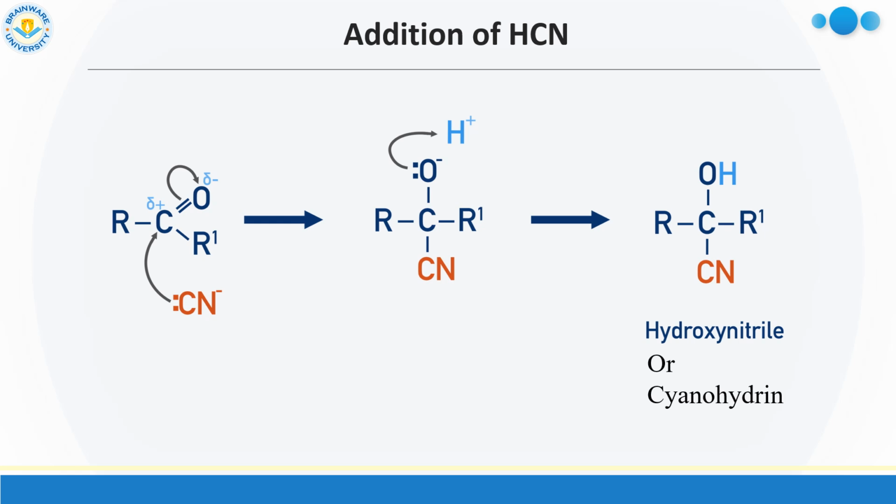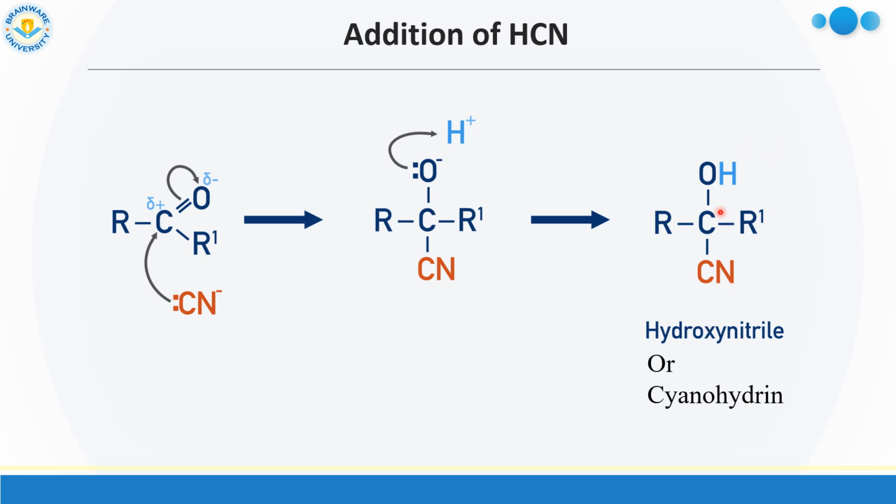Now the example, addition of HCN. This is one of the best examples, where CN is the nucleophile and can easily attack the electrophilic carbon center, and O minus is formed. That O minus picks up an H plus ion and forms cyanohydrin.